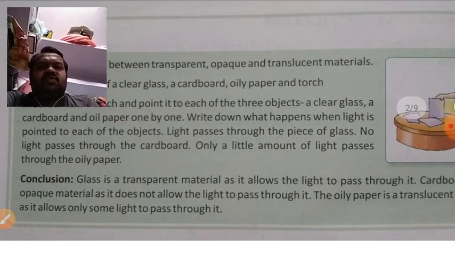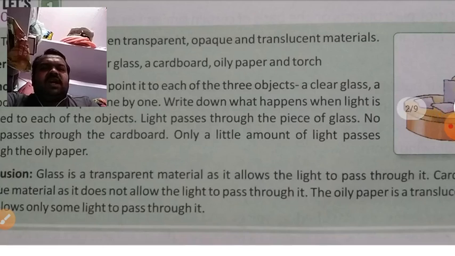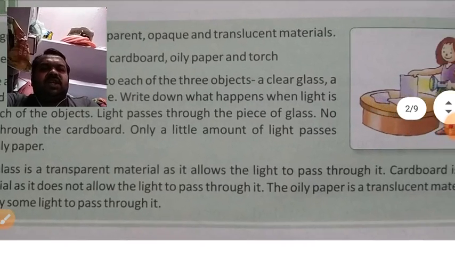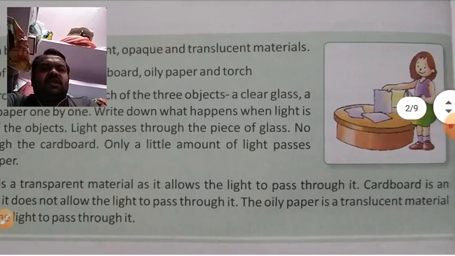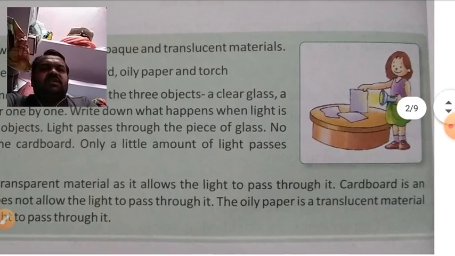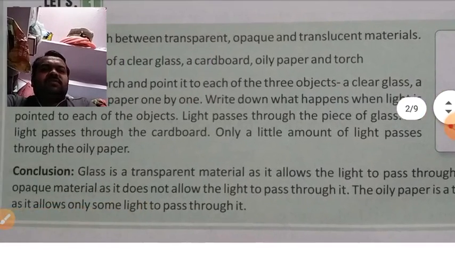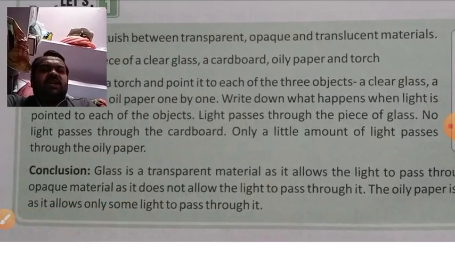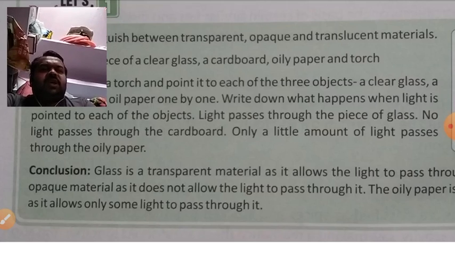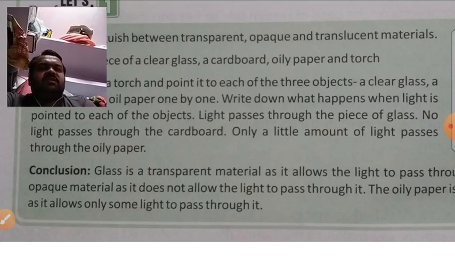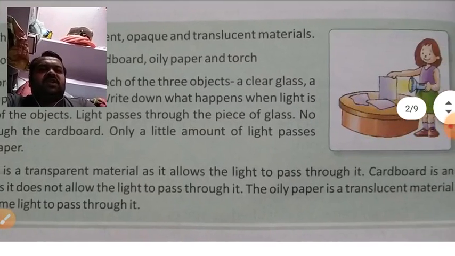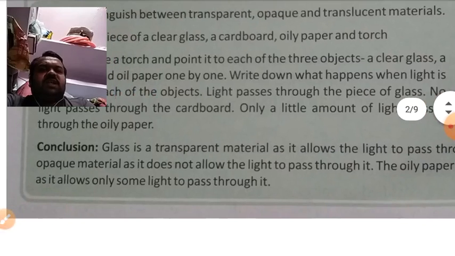Glass is a transparent material as it allows the light to pass through it. Cardboard is an opaque material as it does not allow the light to pass through it. The oily paper is a translucent material as it allows only some light to pass through it.